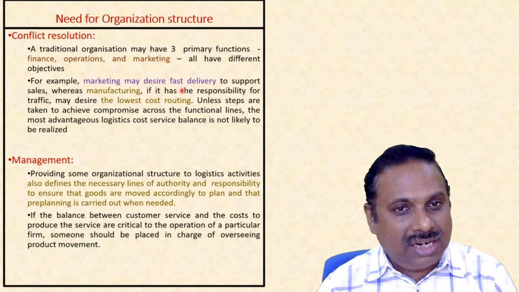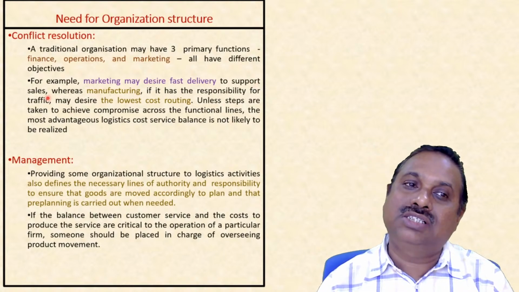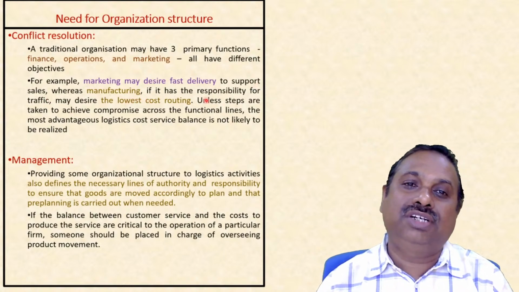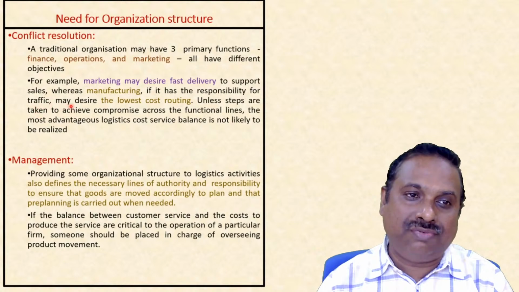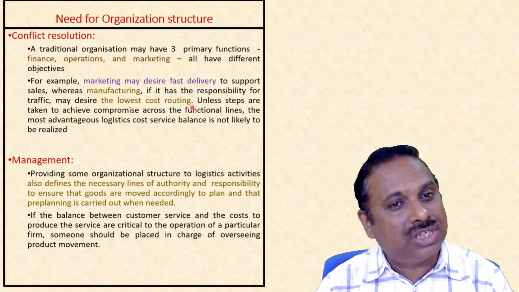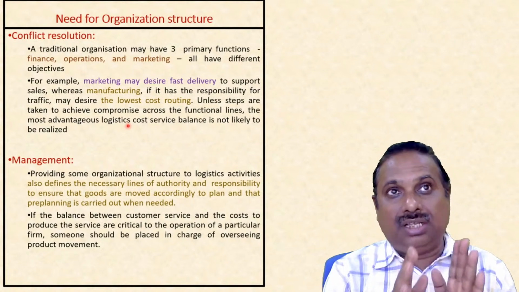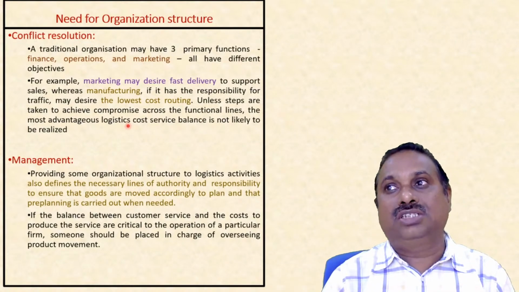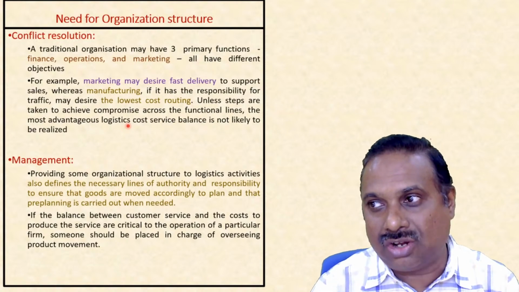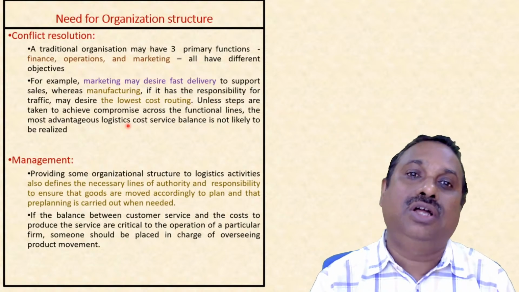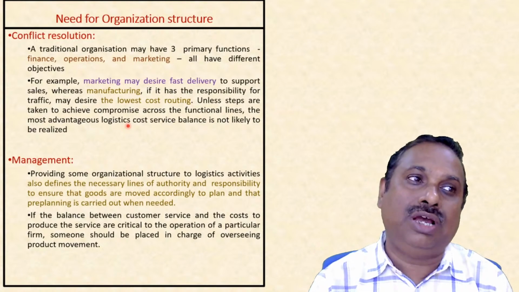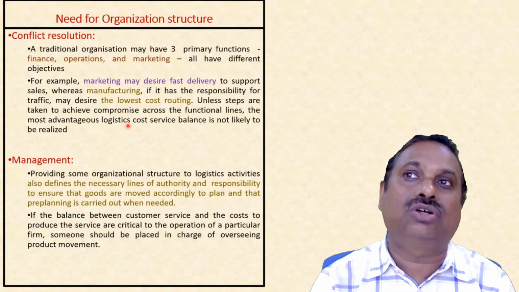Marketing may desire fast delivery to support sales, whereas manufacturing, if it has responsibility for traffic, may desire the lowest cost routing. So these functional areas all have different objectives, but according to supply chain, we have to minimize the total cost.